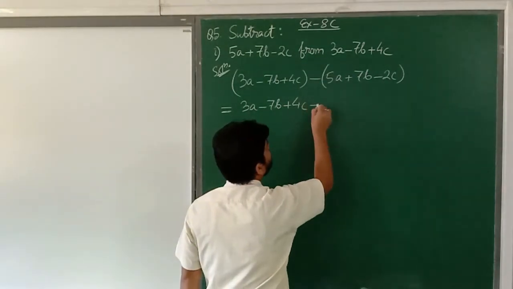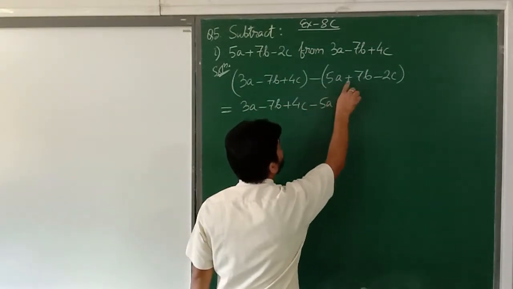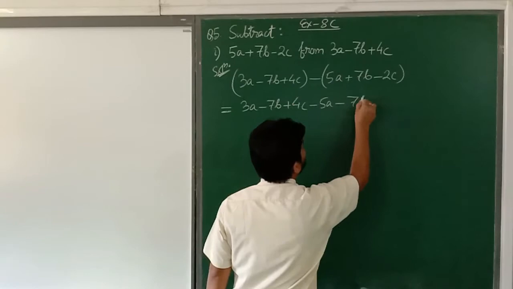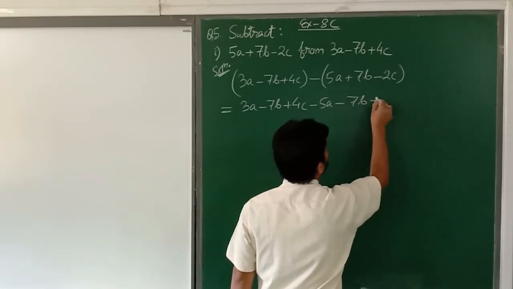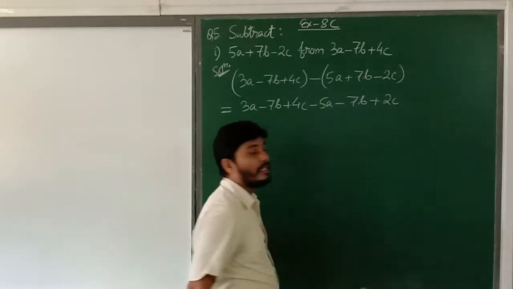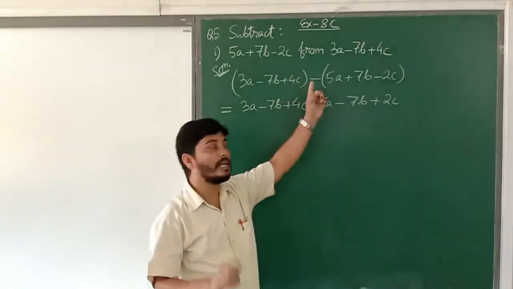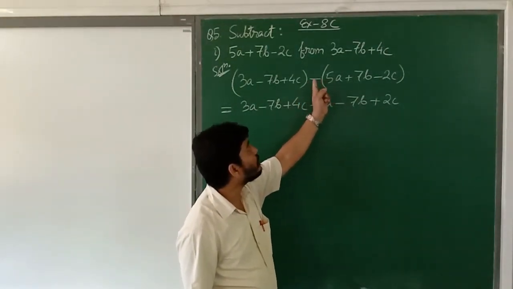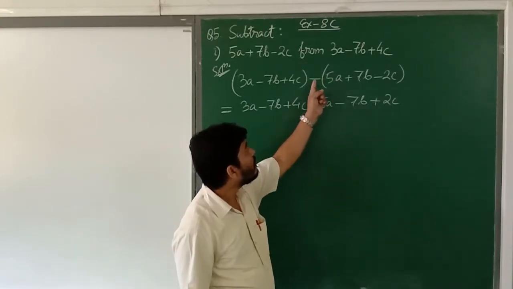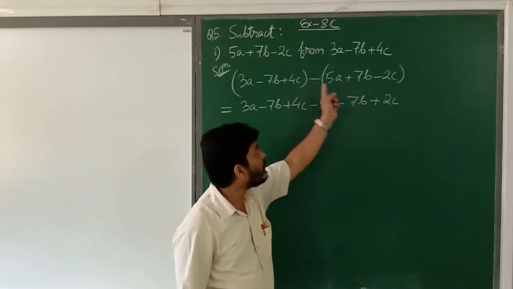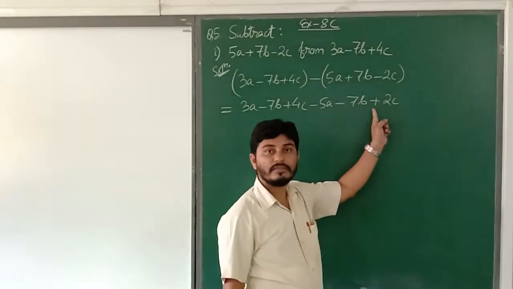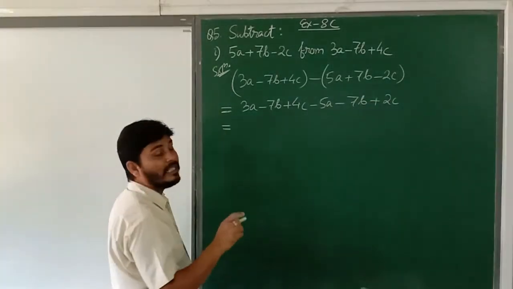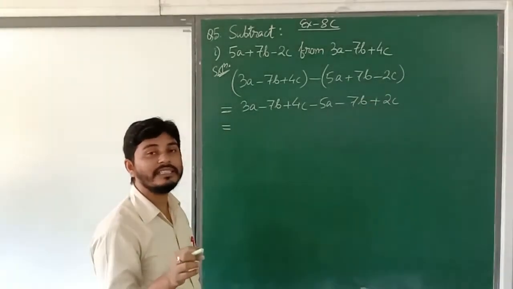So minus 5a, minus into plus is minus 7b, minus into minus is plus twice c. Very important, you see the concept of sign operation. Minus into plus is minus, minus into plus is minus, minus into minus is plus.